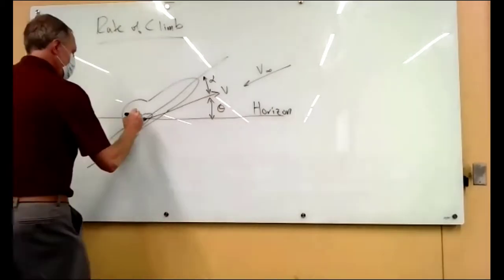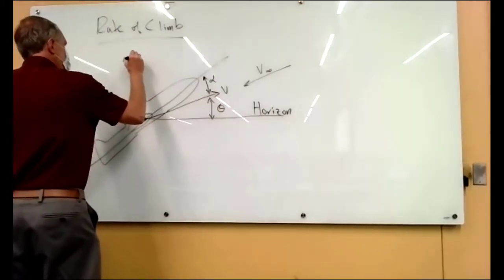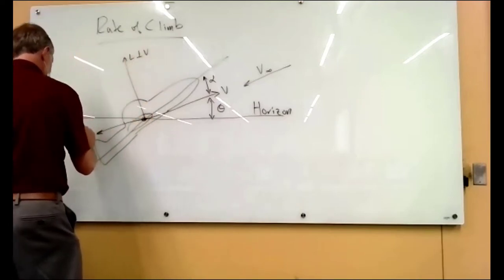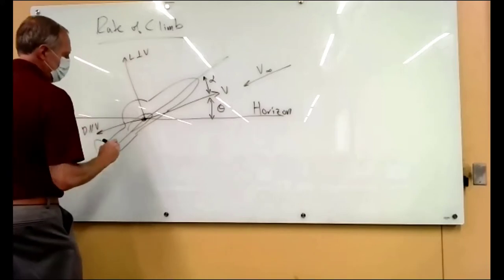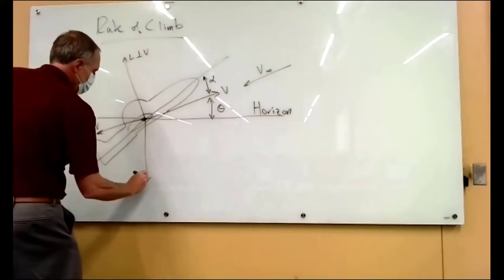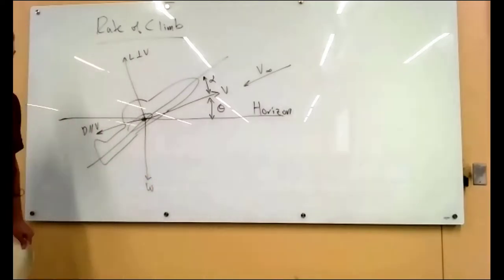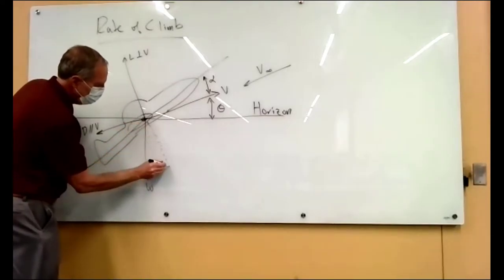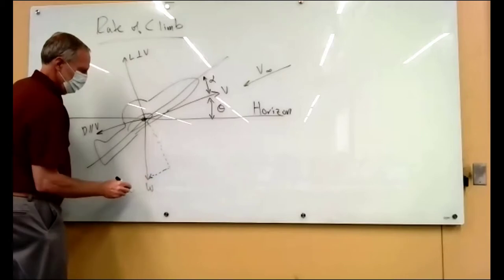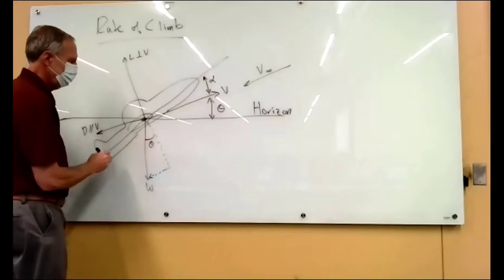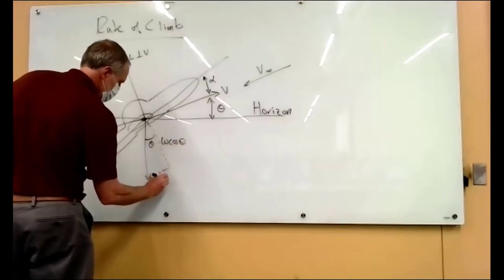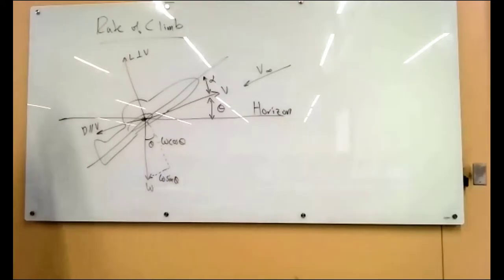So lift, as always, is perpendicular to velocity, and drag is parallel by definition, and weight is perpendicular to the horizon. So we have that, and we want to resolve the weight into perpendicular and parallel components. So this is the angle theta. This is W cosine theta, W sine theta. So this is that free body diagram we've drawn before.